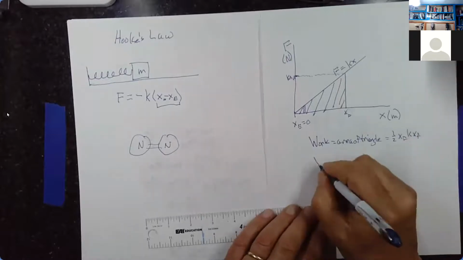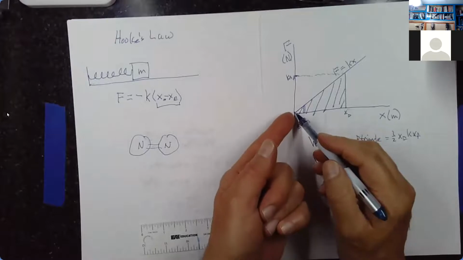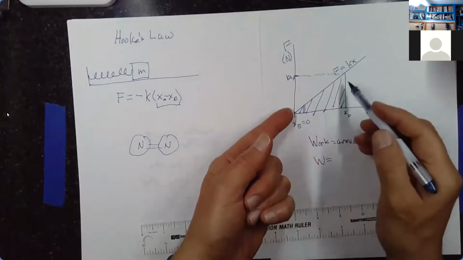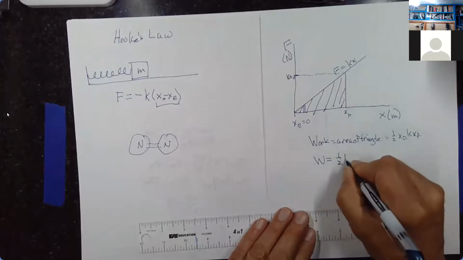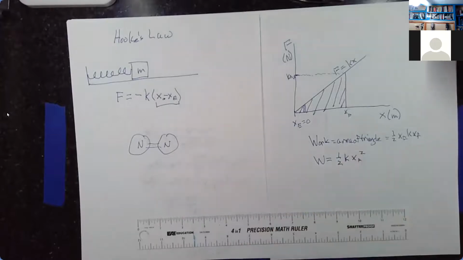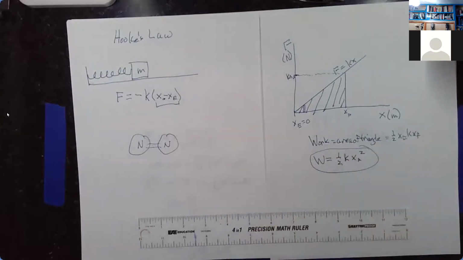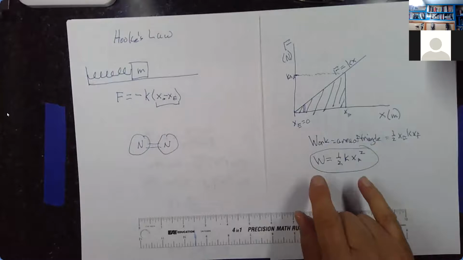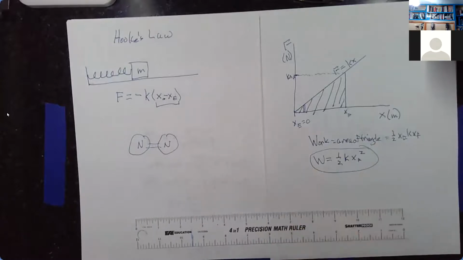And what we get is that the work that we have to do against a spring to stretch it from its equilibrium position out to some final position is going to end up being 1/2 kx final squared. Okay, and that will be the work we do against the spring, but it's equal to the work that is now stored in the spring. And so that's kind of neat. That's going to let us do some things with spring forces.